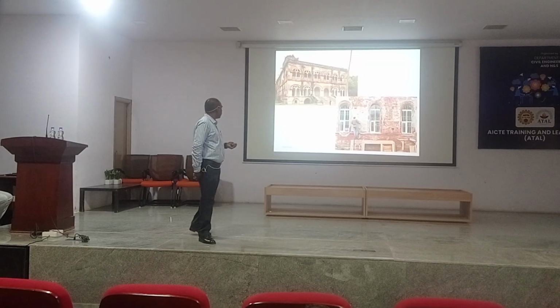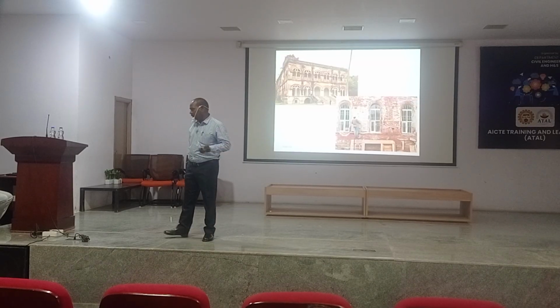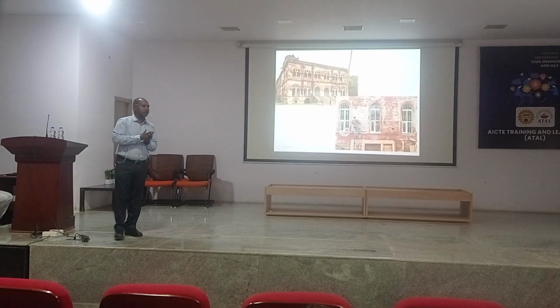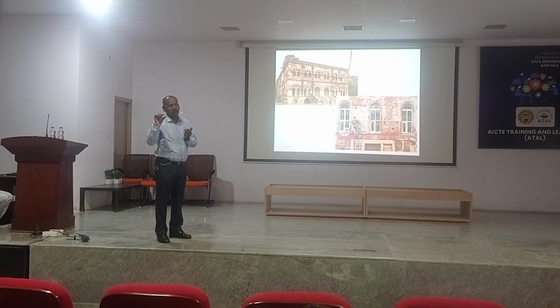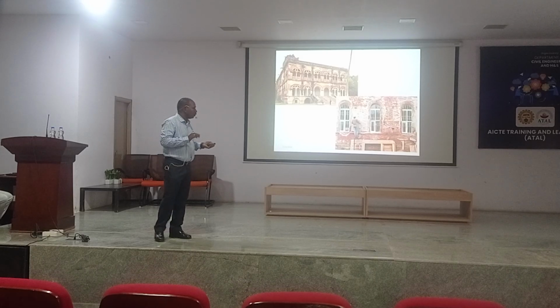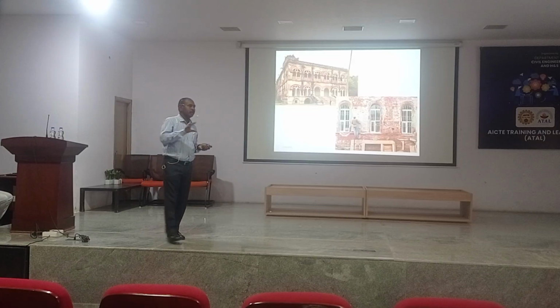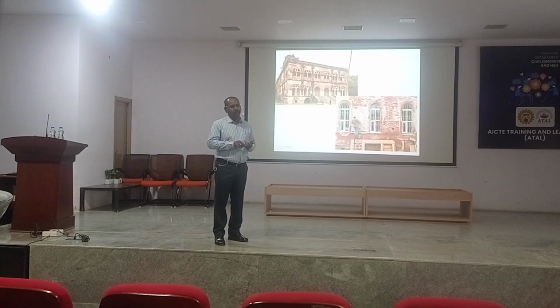This is a repair process called pointing. Pointing means that in a masonry wall, whether brick masonry or stone masonry, you put mortar in between the masonry units. Mortar is exposed to the environment, so it will get damaged more quickly than the masonry units like stone or brick.